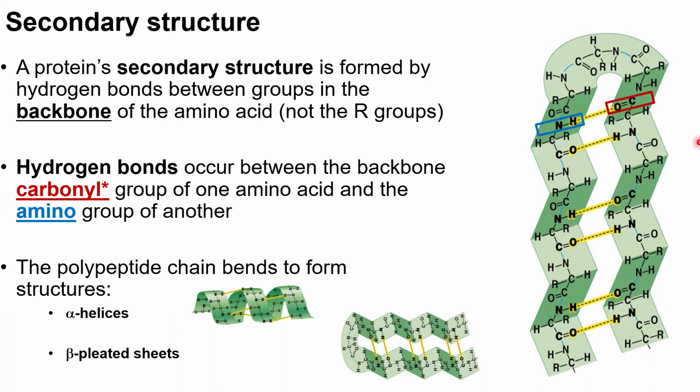So specifically for the amino groups and the carbonyl groups, what happens is that these occur, and they form 2 specific shapes. One set would be the alpha helices, and the other one would be the beta pleated sheets, like these. Alpha helices, beta pleated sheets.